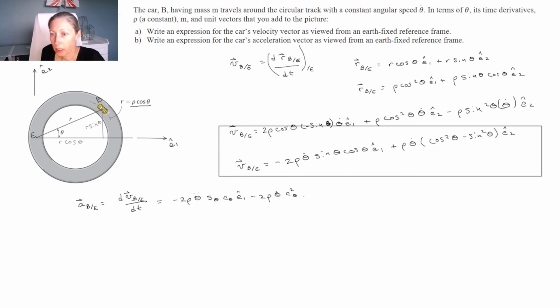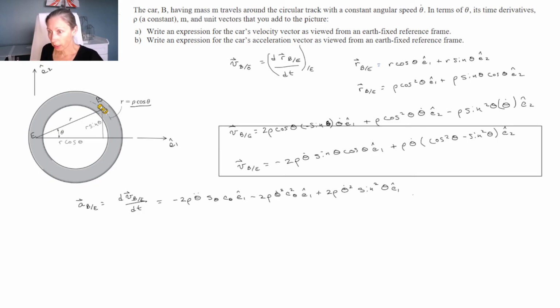Oh, and I'm going to need another theta dot. So this is going to be theta dot squared, and that is in the E1 direction still. And now I'm going to take the derivative of the cosine. So this is going to be positive 2 rho theta dot squared sine squared theta E1. Okay, so that's it for E1. That was 3 terms for E1 because we had 3 terms that were functions of time.